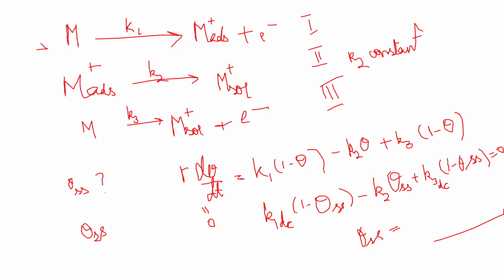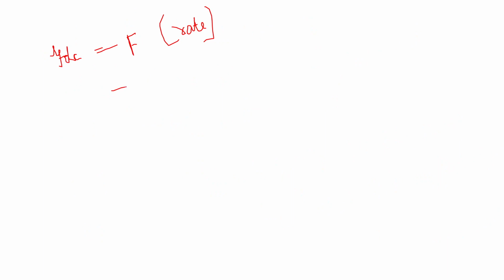First and the third one, because the second one does not have electron transfer. So here it will be K1 DC into 1 minus theta SS, and here K3 into 1 minus theta SS.